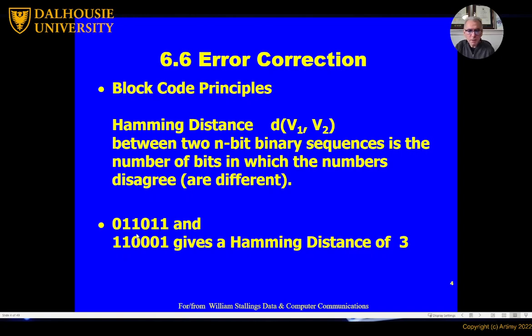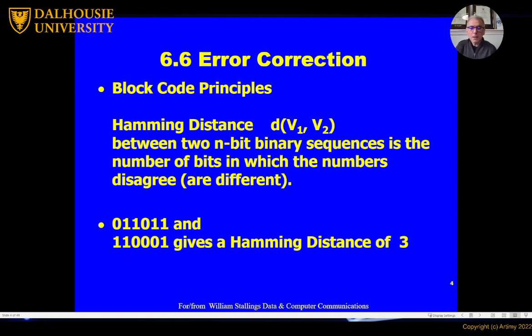So we have 3 different bits. That's our Hamming distance. The Hamming distance between these two 6-bit words is 3, because we need to change 3 bits in order for the first one to become exactly like the second one, right?